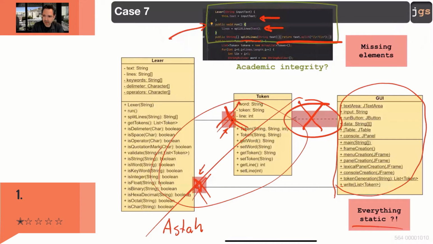All the methods and all the variables, according to this, and I verified the code and that is true, everything is static. Would you recommend that? Yes, no, why? Object-oriented programming. Everything is static. Everything. Yes or no?